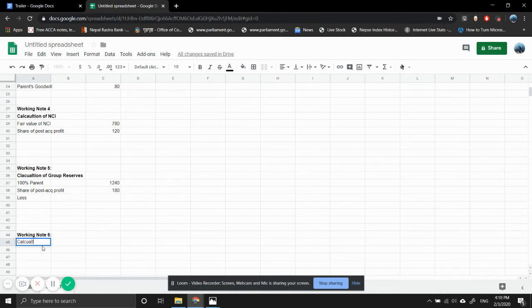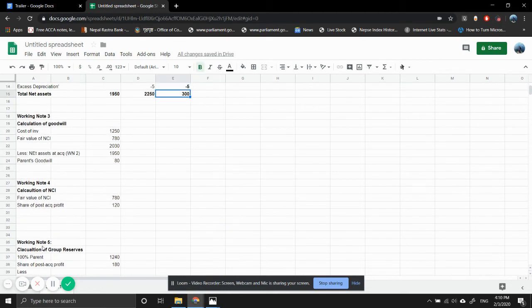Okay, calculation of other component of equity. Component of equity, right? Okay, so bold it and then let's calculate few more things.